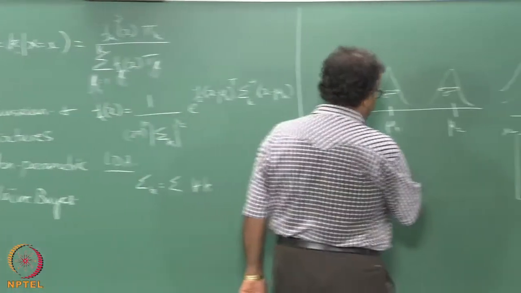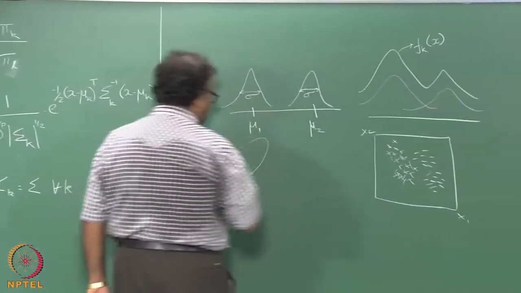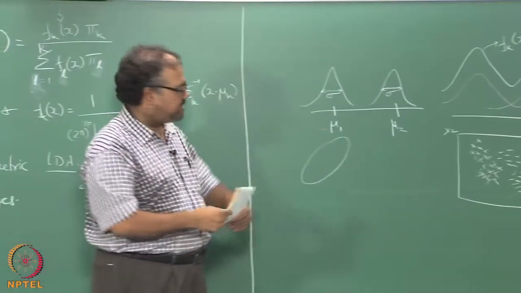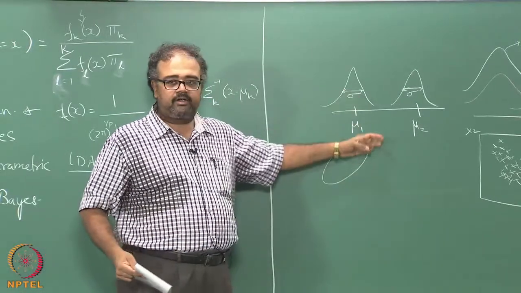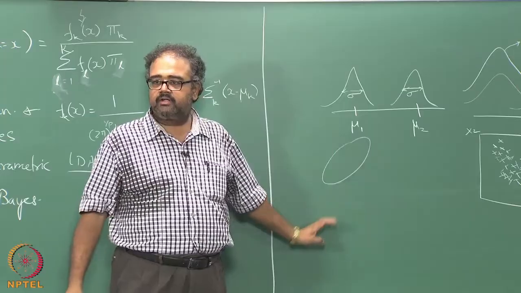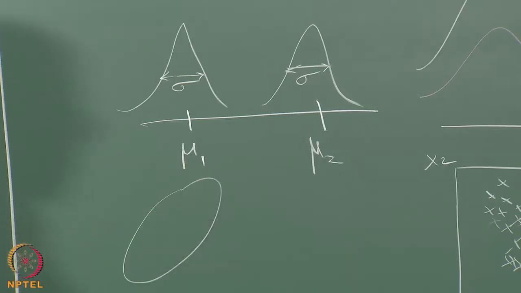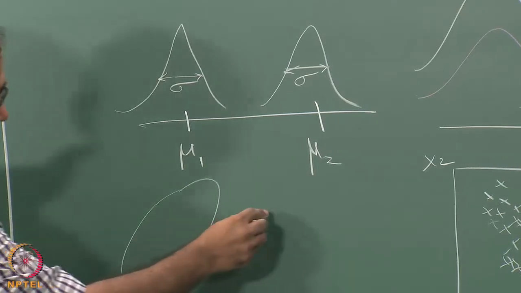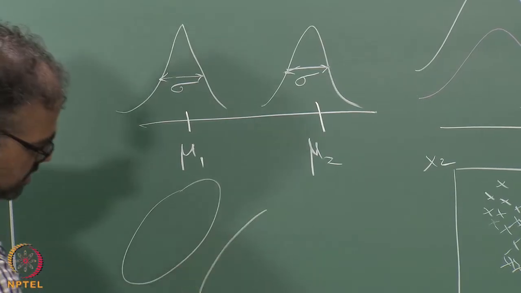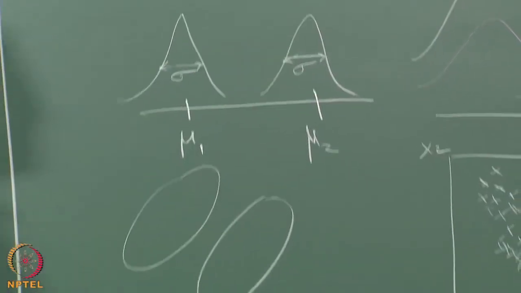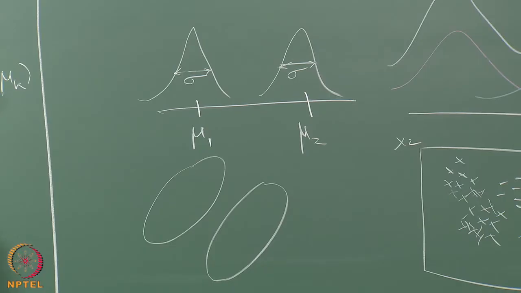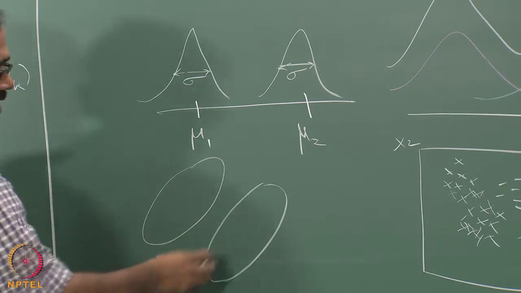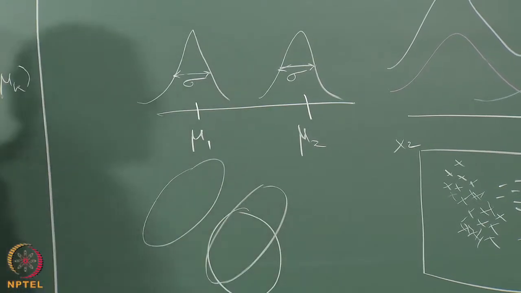So in 2D it will be like, let's assume that that is the equivalent of a 1 sigma contour. If that is the case for one class, for the other class also it has to be similar. I can't have one class looking like this and the other class looking like that.